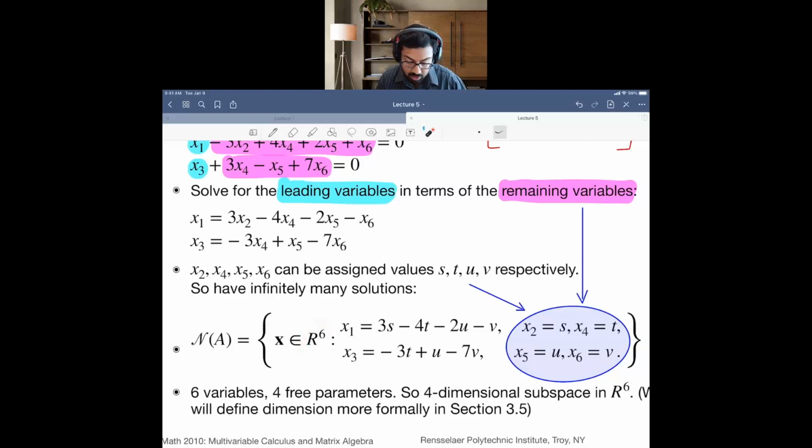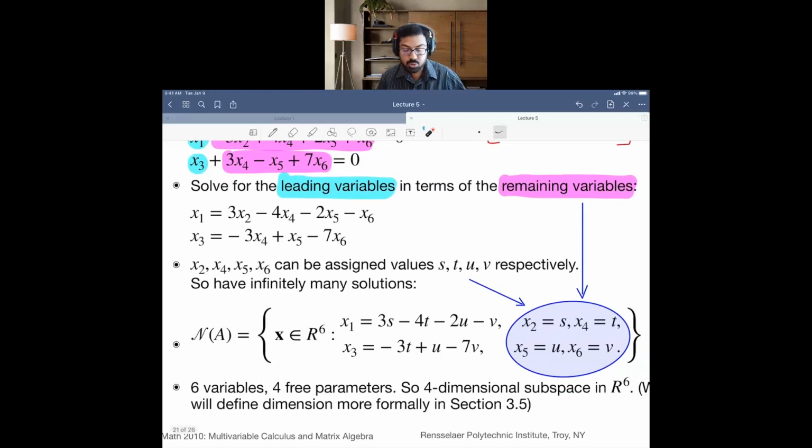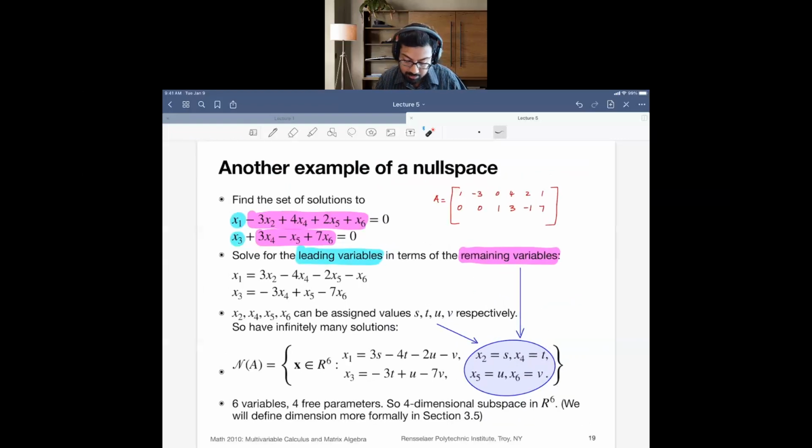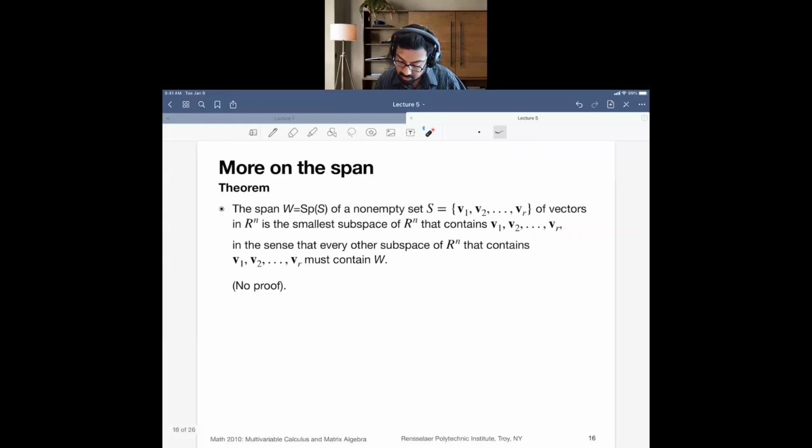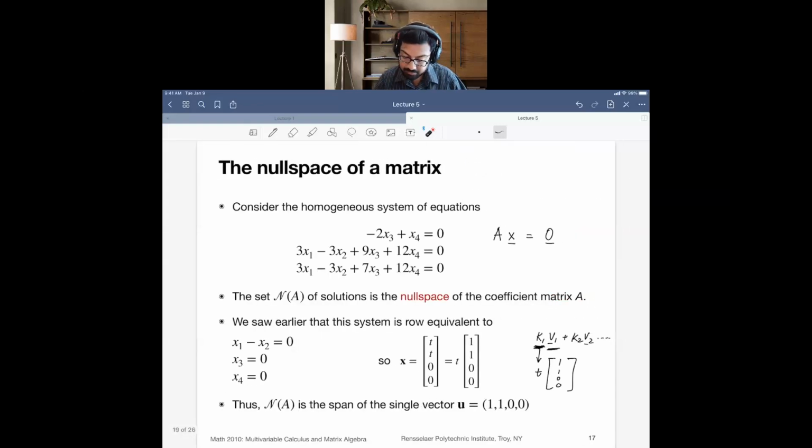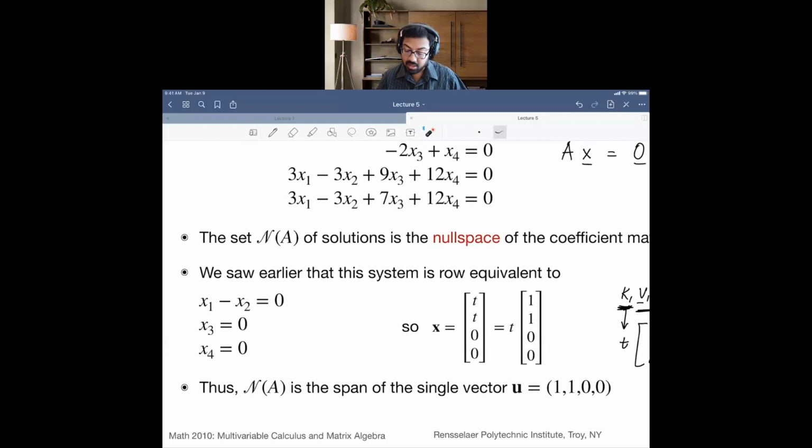So in this case, you have got 6 variables, x1 through x6, and we have got 4 free parameters, s, t, u, and v. Earlier, we had how many variables and how many free parameters? In that example, we had x1, x2, x3, x4, right?